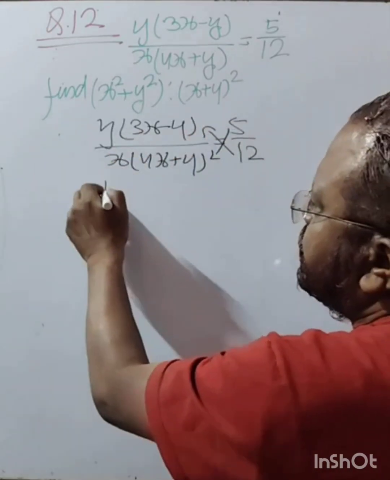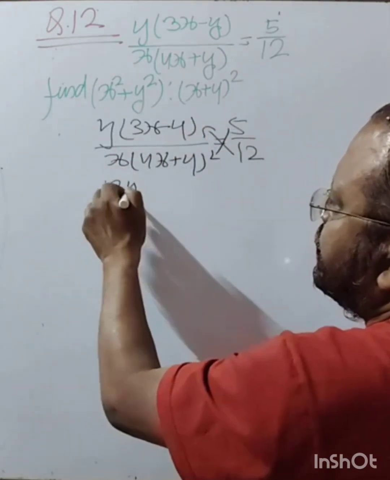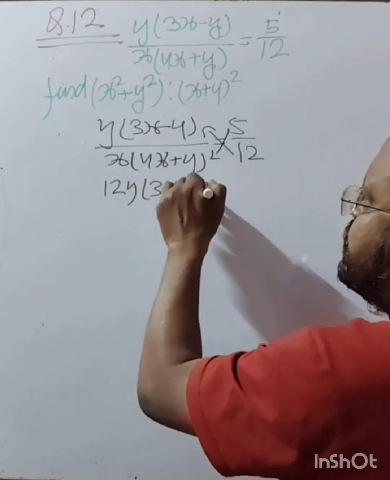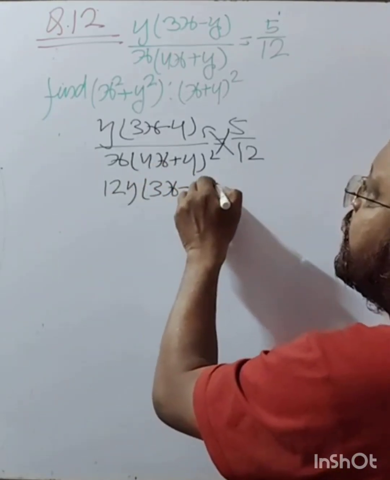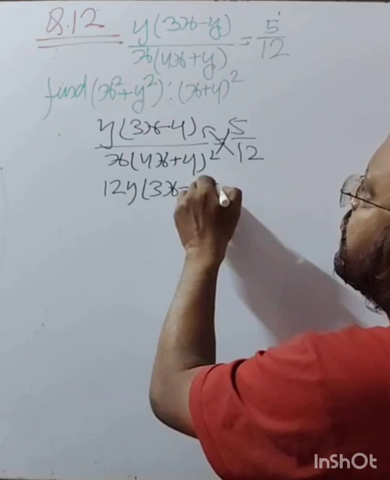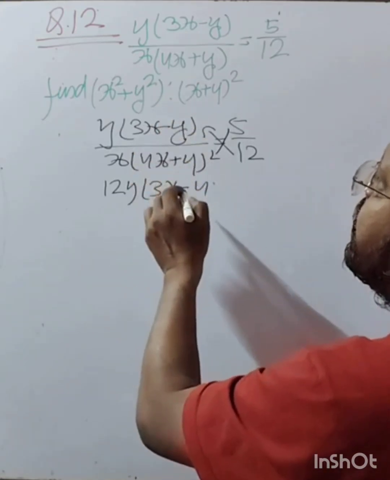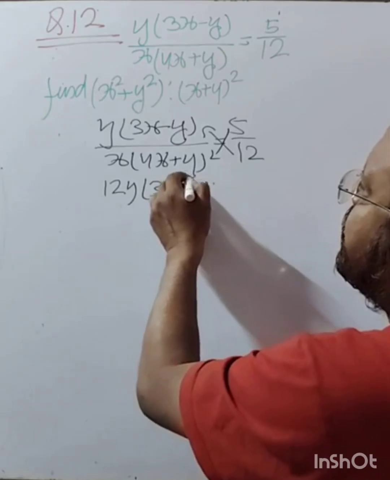How much you get? 12y bracket 3x minus 4y. Is it? No, it is y, na? It is y, it is also y.